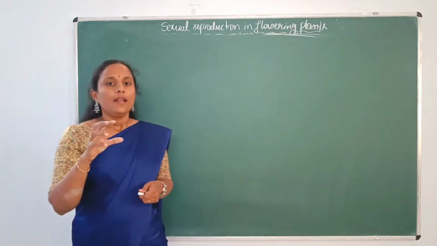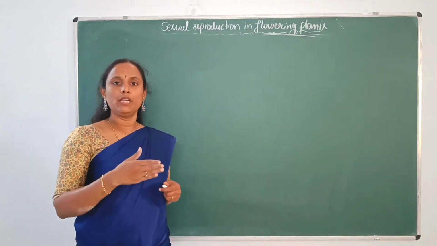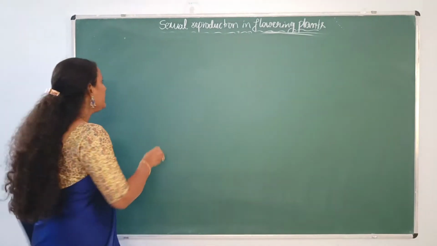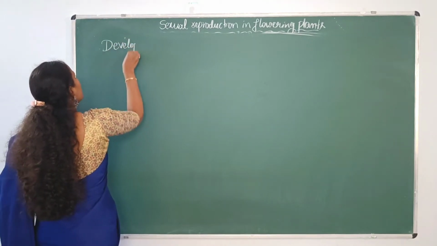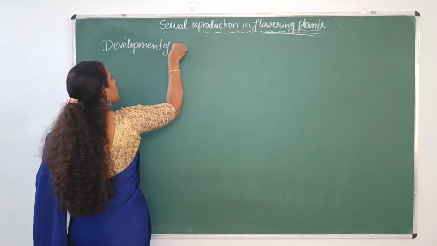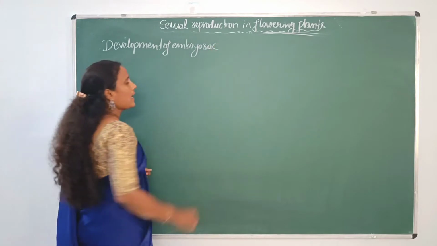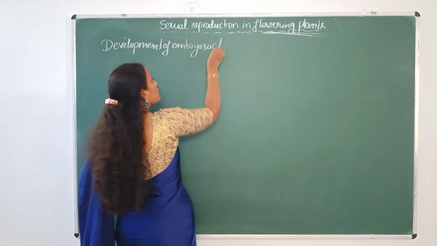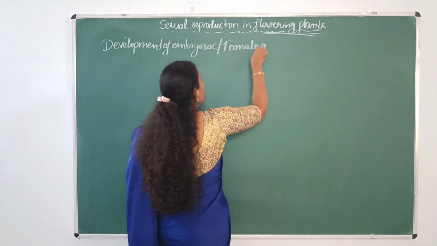Now, let us discuss how the embryosac is developed in the ovule, under the heading development of embryosac. Since the embryosac carries the female gamete, it is also referred to as the female gametophyte.